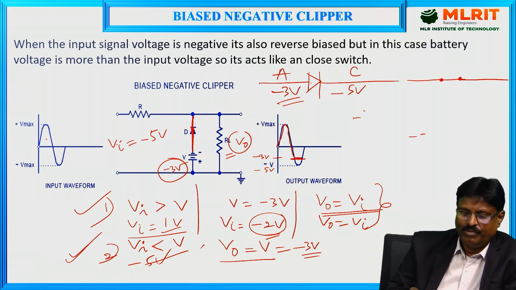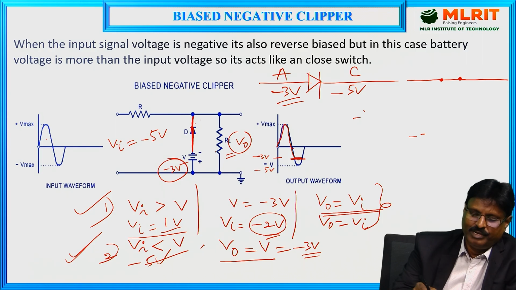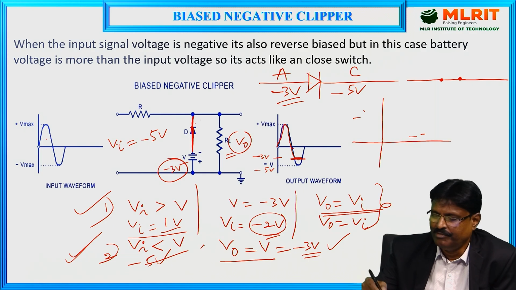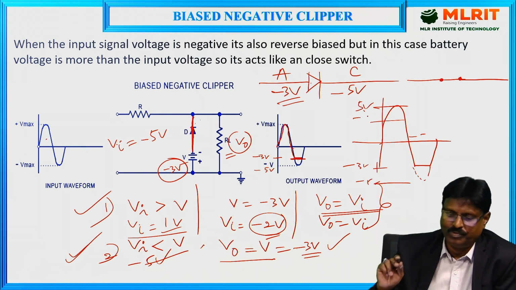So what happens here? The diode will be forward bias and a short path is created here, and output voltage is equal to nothing but the voltage of the battery. So V naught is equal to V. That's why finally we get the output signal like this. Okay, so this is 5 volts, this is minus 3 volts, and this is minus 5. So this is the output voltage.